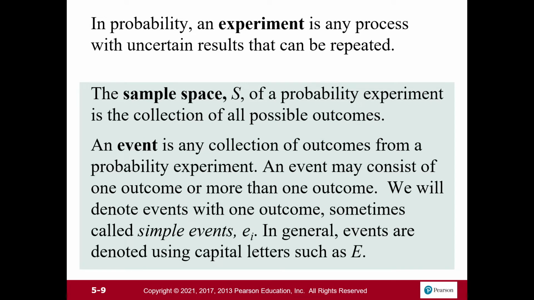An event may consist of one outcome or more than one outcome. We will denote events with one outcome, sometimes called sample outcomes, called simple events. In general, events are denoted using capital letters such as E.